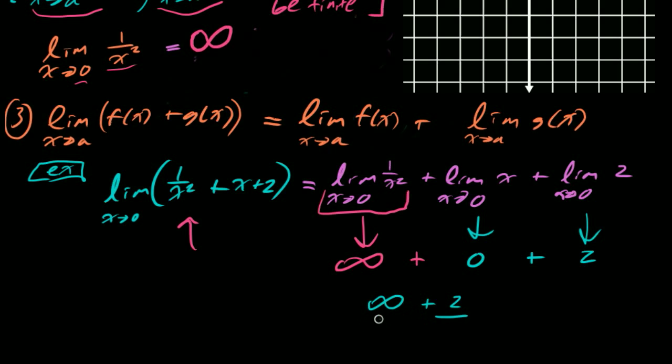So you can't treat infinity as a regular number. Infinity minus anything finite is still going to be infinity. Infinity plus anything finite is still going to be infinity. Infinity times anything finite is still going to be infinity.